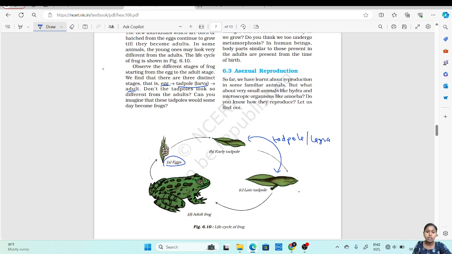Early tadpole is the beginning where it starts to form the tadpole, and this is the late tadpole. That means from here now it will form the adult. So this is the adult frog. They look totally different from each other. Don't tadpoles look so different from the adults? Yes, they do look different from the adults.